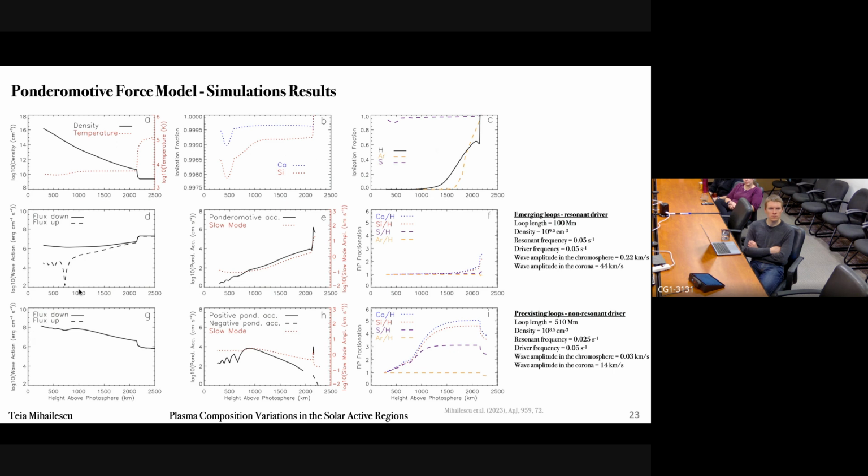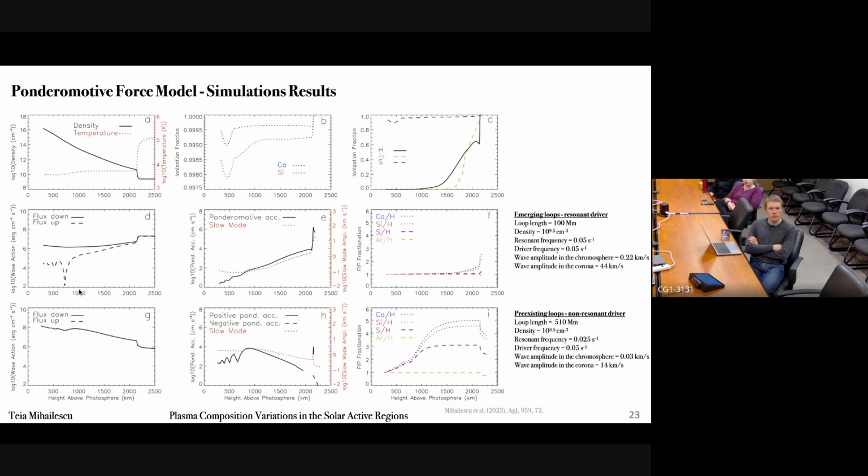And then the second row is showing the simulation that best matched the results we saw in the emerging loops. And the third row is showing the simulation results that best matched what we observed in the pre-existing loops. So we found the best match with the results in the emerging loops if we have a resonant wave driver.